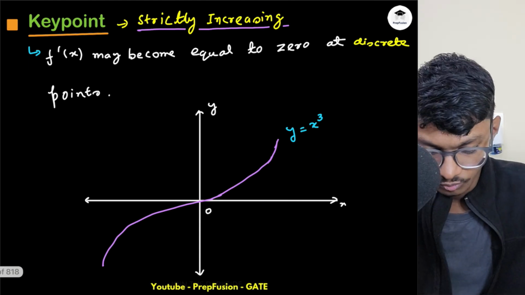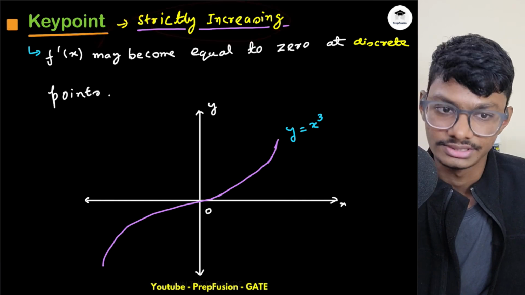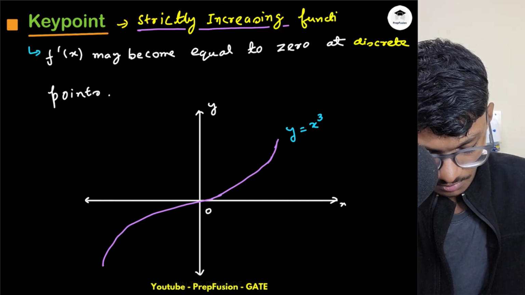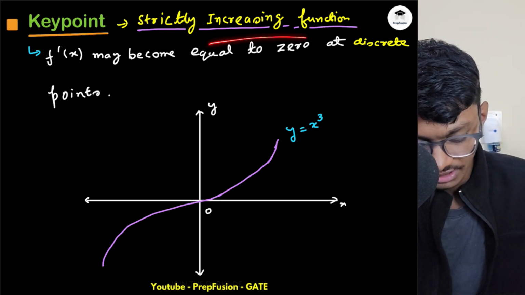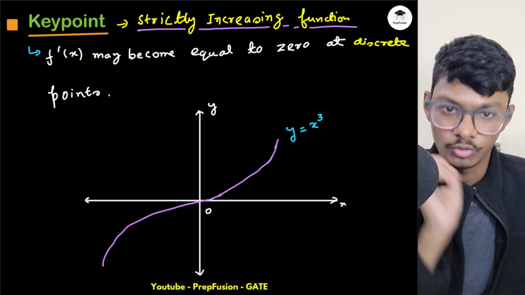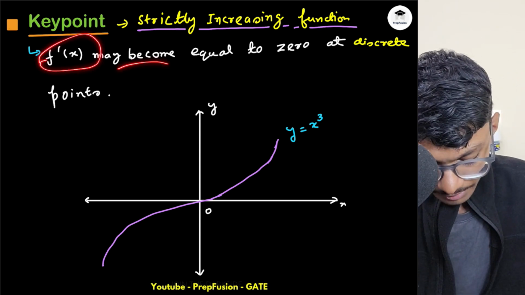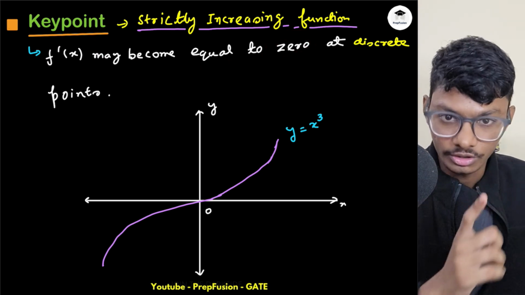Okay, so now let's understand a few terminologies. So what is a strictly increasing function? A strictly increasing function means that my f dash of x will always be positive. f dash of x will always be positive, and it may become equal to 0 at discrete points, not continuous points.